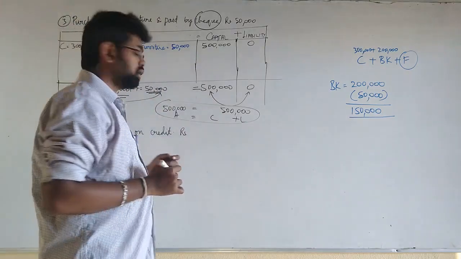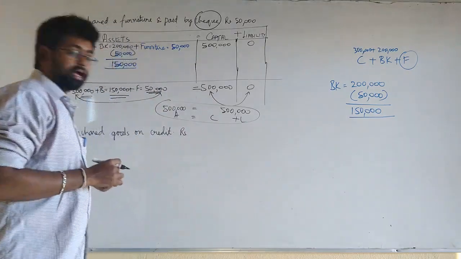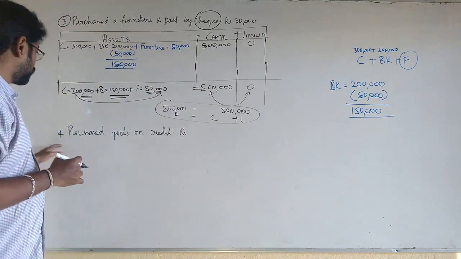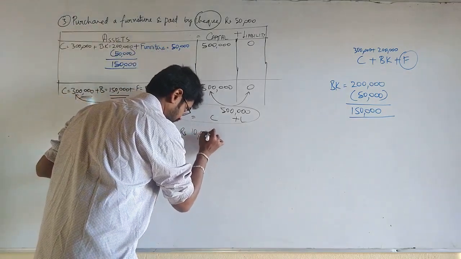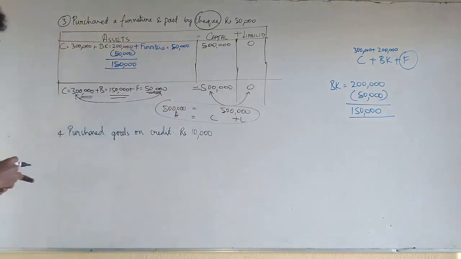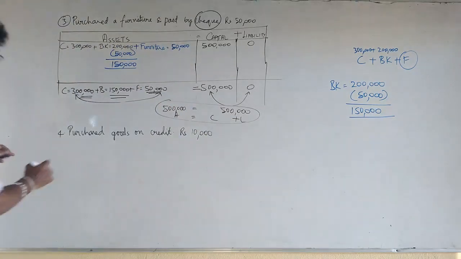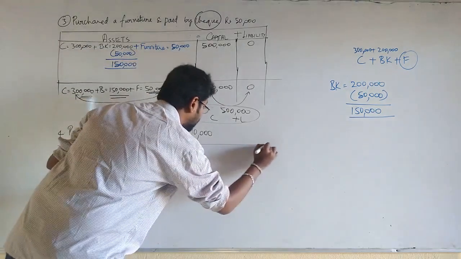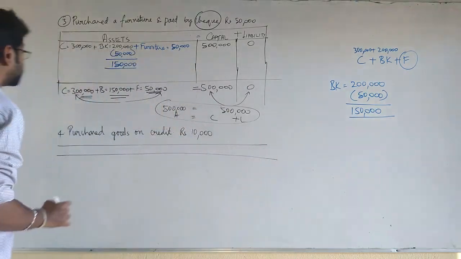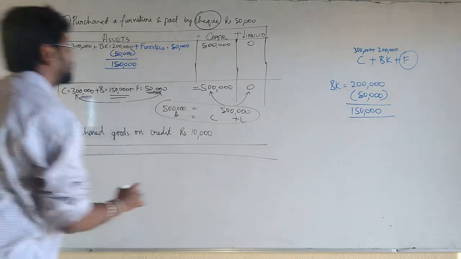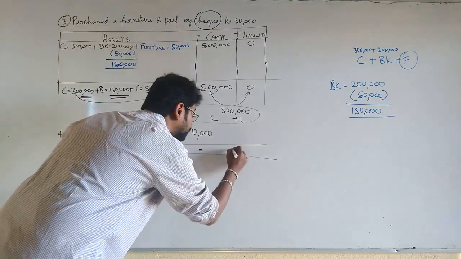What was the amount? I think the amount was 10,000. Purchase goods on credit for rupees 10,000. Okay, so again you have to draw a line like this. Draw lines like this.